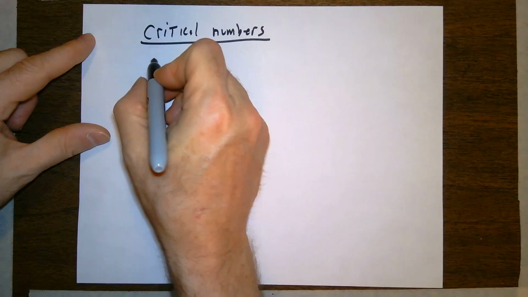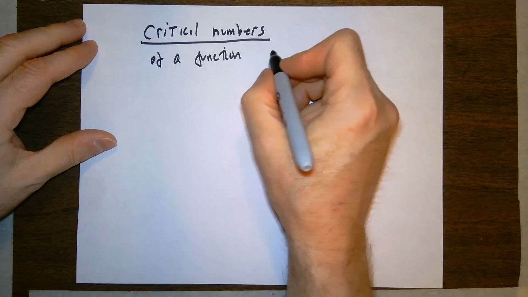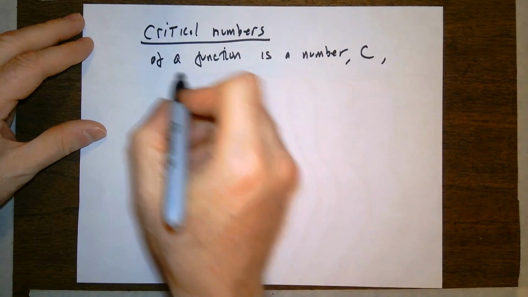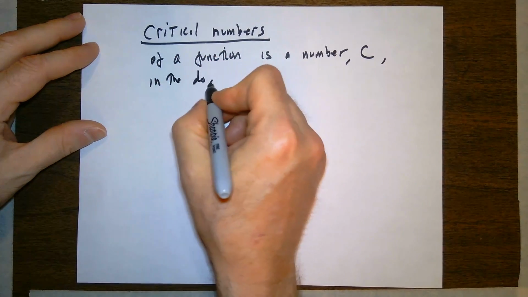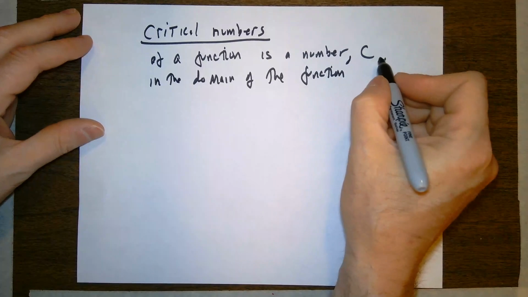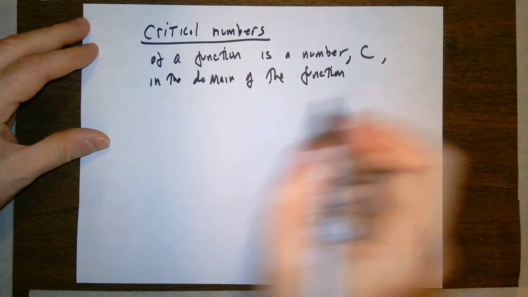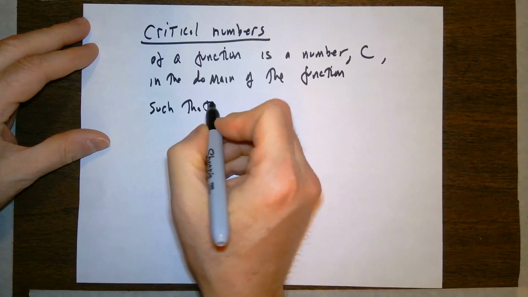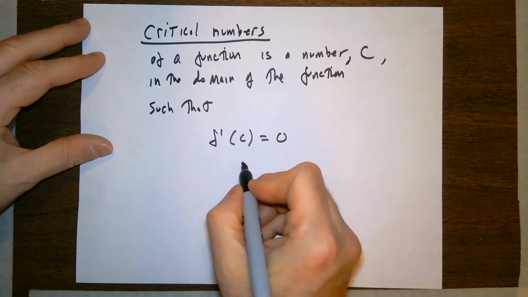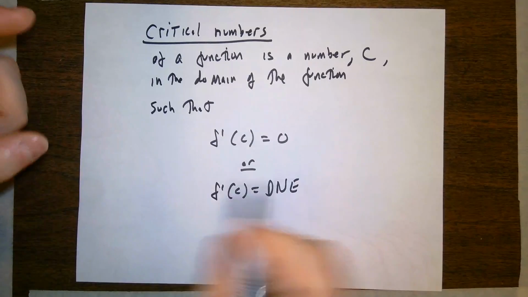A critical number or a critical value of a function is some number, we'll call it c, in the domain of the function, such that the derivative at c is equal to 0, or the derivative at c does not exist.